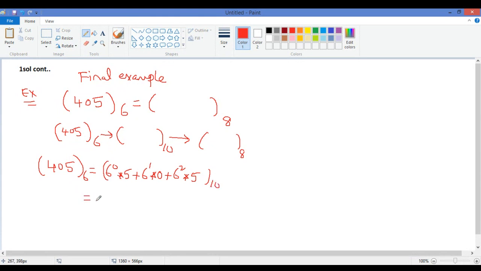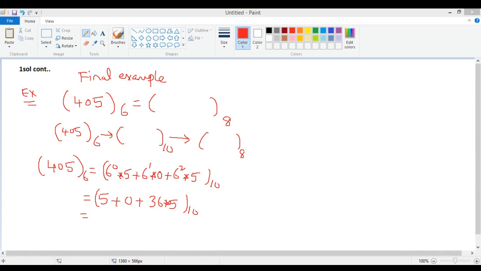So 6 power 0 is 1. 1 into 5 is 5 plus 0 plus 6 sixes are 36. 36 multiplied with 4. Please use a calculator and tell me what is the answer for this. 6 into 6, 36 into 4, 144 plus 5, 149.